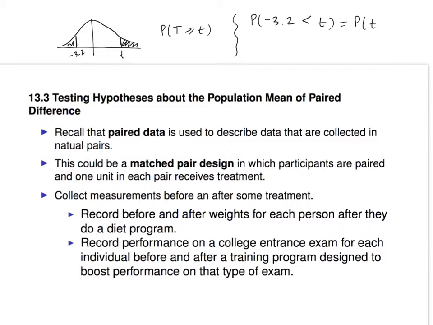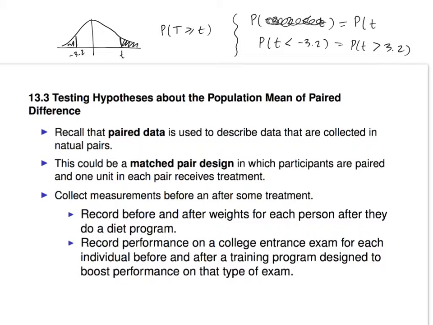I did it backwards. Wait. I'm so sorry. Dyslexia rules my day today. Probability that T is less than negative 3.2 equals probability that T is greater than positive 3.2. So that's what we were doing if you got a negative. And the direction of the inequality inside the parentheses has to do with your null hypothesis. It always goes the same direction, until then you maybe flip it around. Okay?